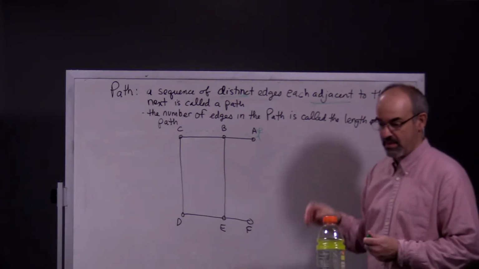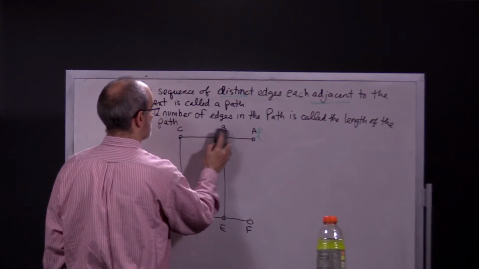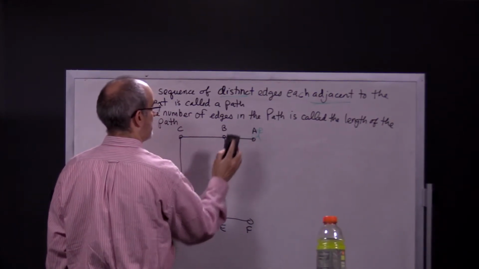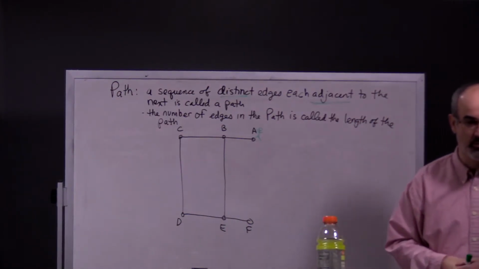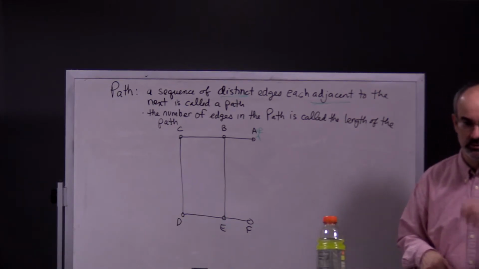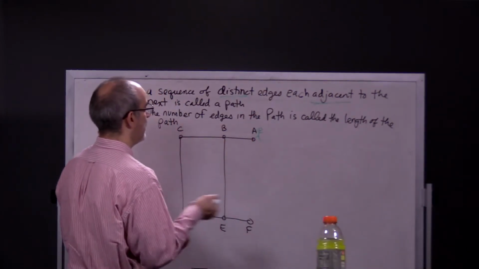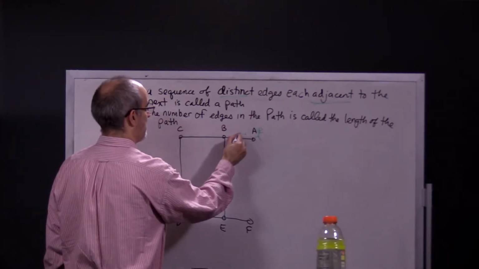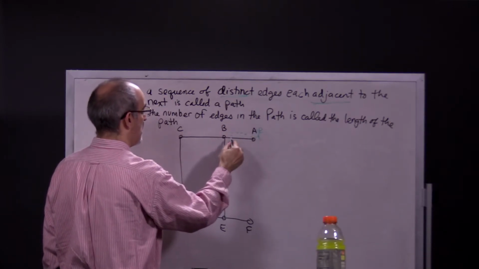Okay. Obviously that's not the only path in this graph. I'm going to draw another path. Let me just pick a number, 4. I want to draw a path of length 4 in this graph. So what I could do is go from A to B. That's one edge.